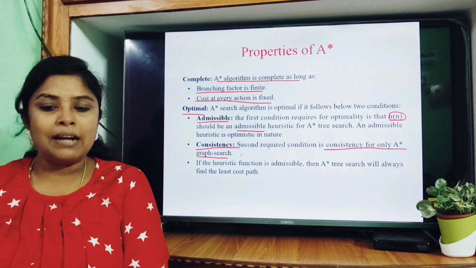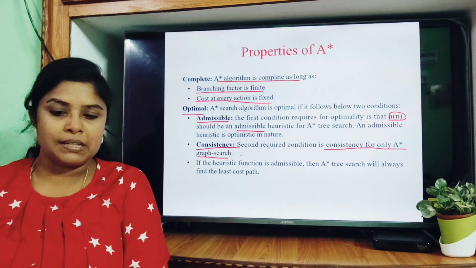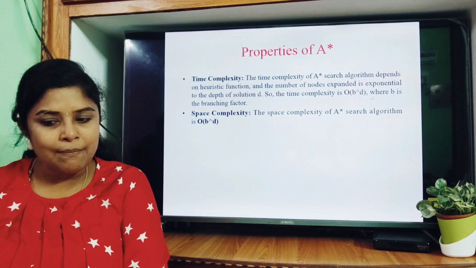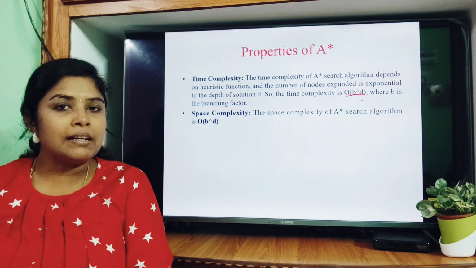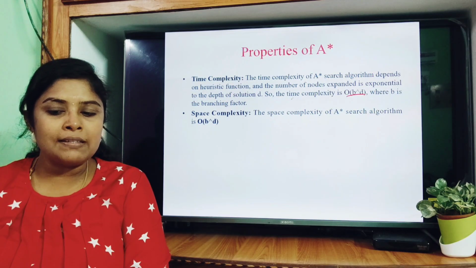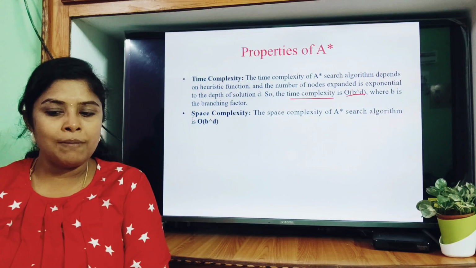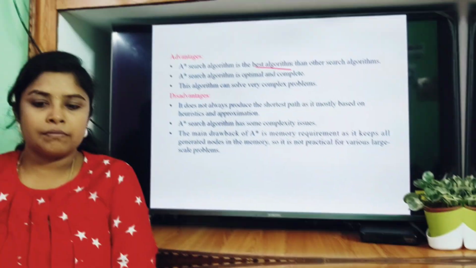So if these two conditions are satisfied, we can say that the algorithm is optimal. Coming to the time complexity, it is the same like your DFS, because here also the depth of the node is being explored first. So the time complexity is given by order of b power d, and space complexity is also given by order of b power d.